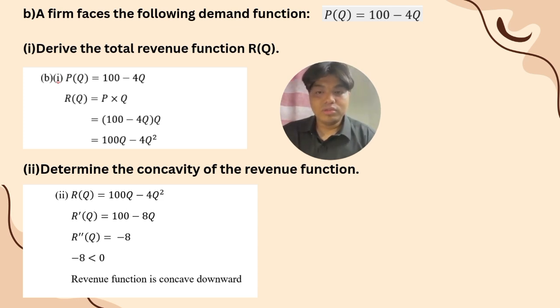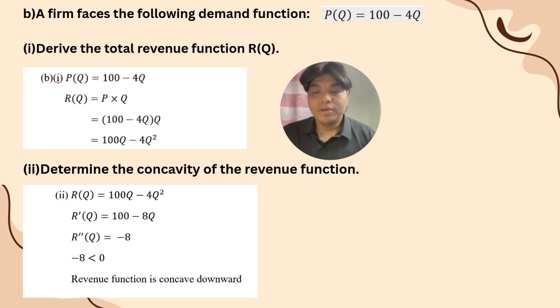Total revenue equals price times quantity. So R(Q) equals (100 minus 4Q) times Q. Then we multiply this out, we get R(Q) equals 100Q minus 4Q squared.